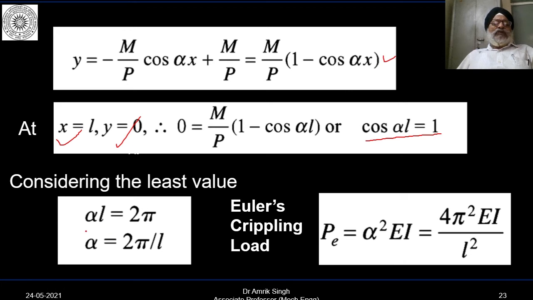So alpha is equal to 2 pi upon L. We know alpha square is P upon EI, so we put the value and we get P is equal to 4 pi square EI upon L square. So you see, this value is different from the case in which we considered both the ends pinned.